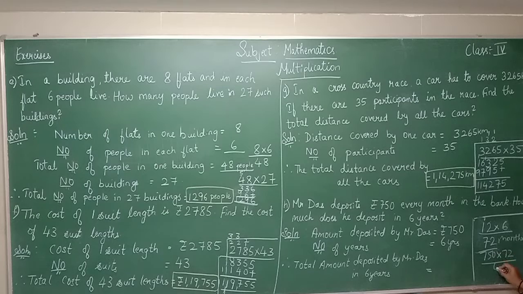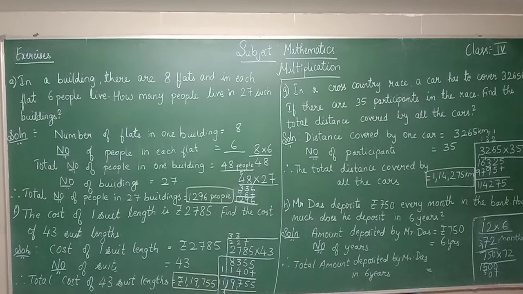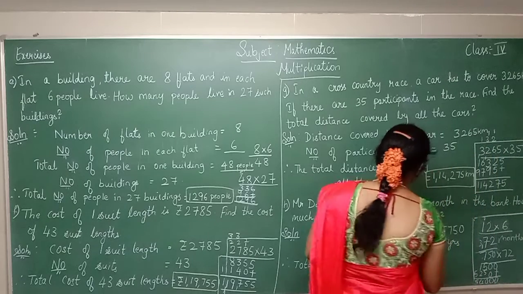So 2 zeros are 0, 2 fives are 10, 1 carry, 2 sevens are 14 plus 1 becomes 15. 7 zeros are 0, 7 fives are 35, 7 sevens are 49, 50, 51, 52. So 0, 0, 5 plus 5, 10, 0, 2 plus 1, 3, 3 plus 1, 4. So how much is deposited there? Rupees 54,000.